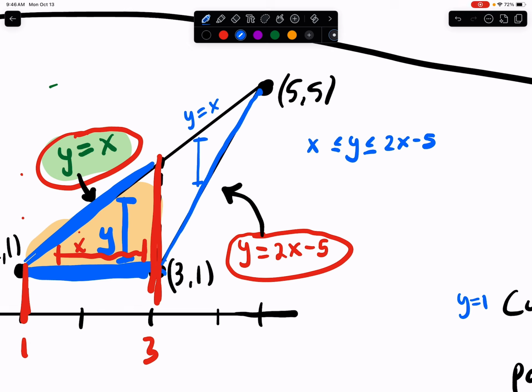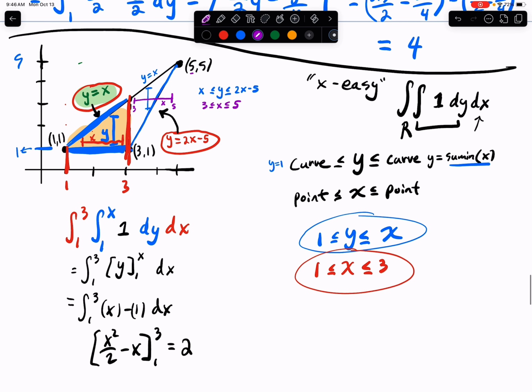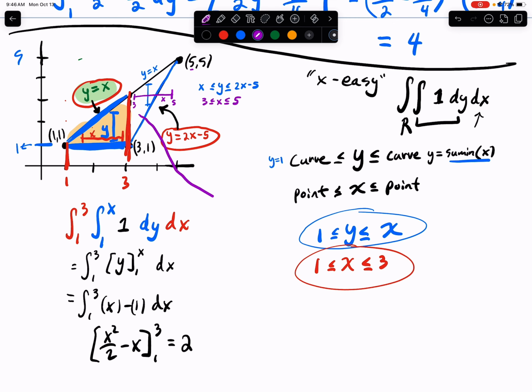Okay? And then the x value spans between 3 and 5. So I'm going to have to integrate. To get this region's area, I integrate from 3 to 5, from x to 2x minus 5 of 1 dy dx.